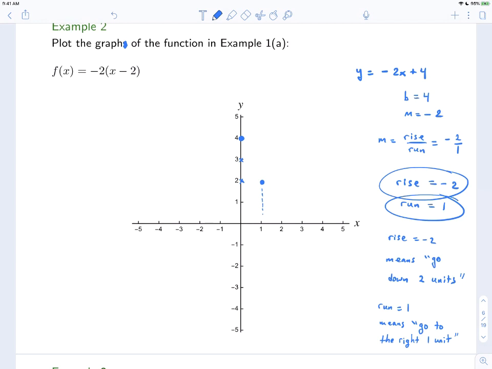Over 1. Well, that's close to being right over 1. Let's just try it like, there we go. That's the point right there. And now we just connect the dots.